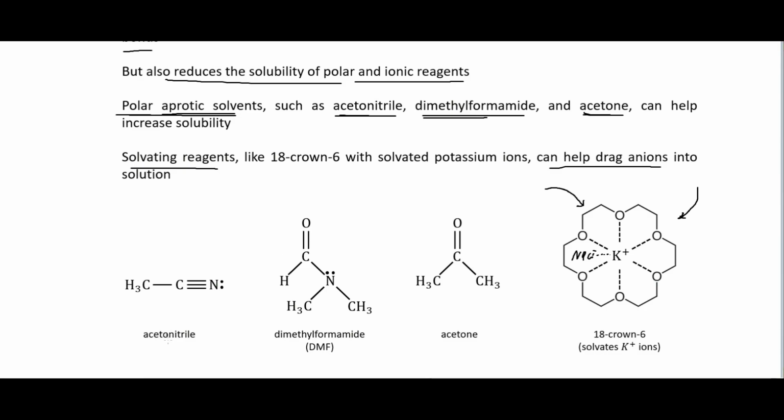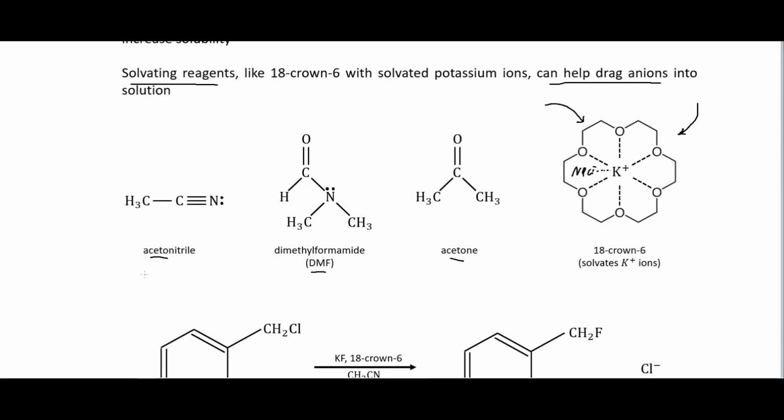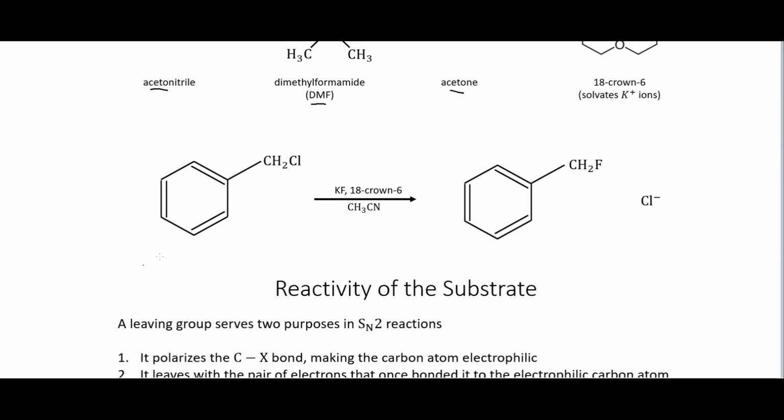But then over here I just show we have our acetonitrile, our DMF, and our acetone, which are those polar aprotic solvents that I discussed up there. All right, so this is just showing using this 18 crown 6 with this fluorine here. The fluorine is going to be our nucleophile, and so that's going to sort of bond into the 18 crown 6.